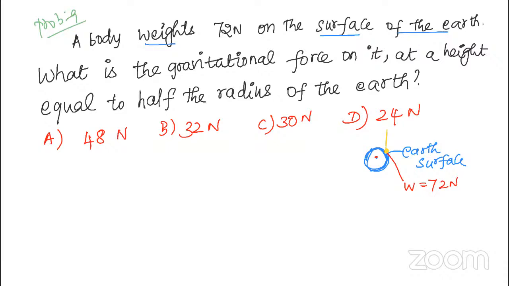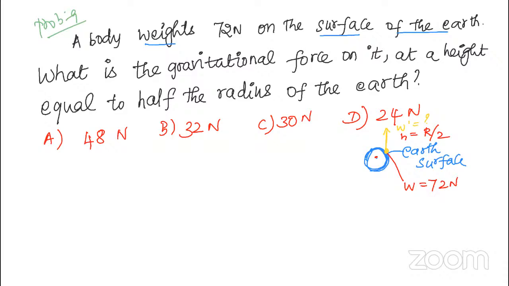So the change in weight we can denote as W. One more piece of information they have given: a height which is equal to half the radius of the earth. What height have they given? H is equal to r by 2, half of the radius. So this information they have given.